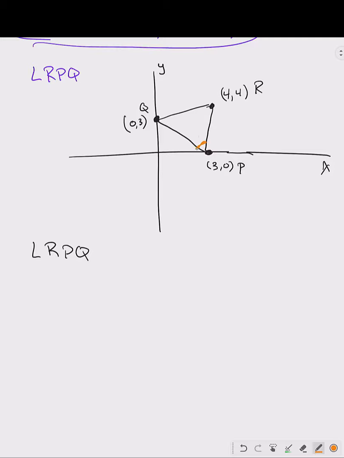So I'm going to label that theta. And by the way, don't forget, once you find 2 of these, once you find theta and let's say this other angle beta, then just do 180 minus theta minus beta to find the third one. So you only have to do this twice, and the third time just use the fact that when you add all 3 angles together, you get 180.